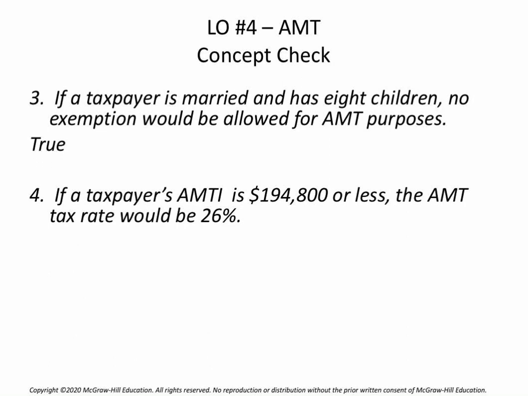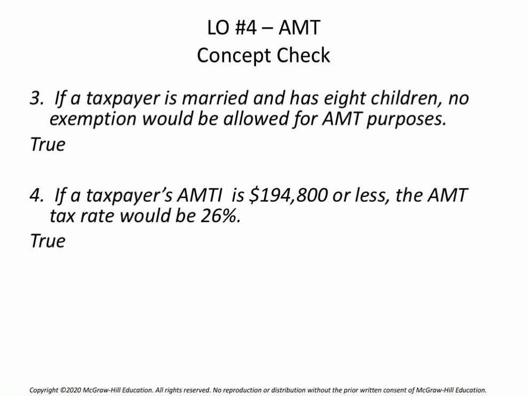And 4, if a taxpayer's alternative minimum tax income is $194,800 or less, the alternative minimum tax rate would be 26%, and that is going to be true.